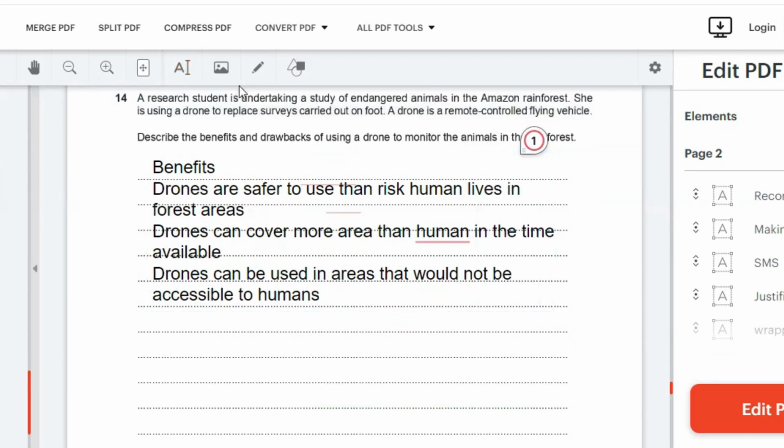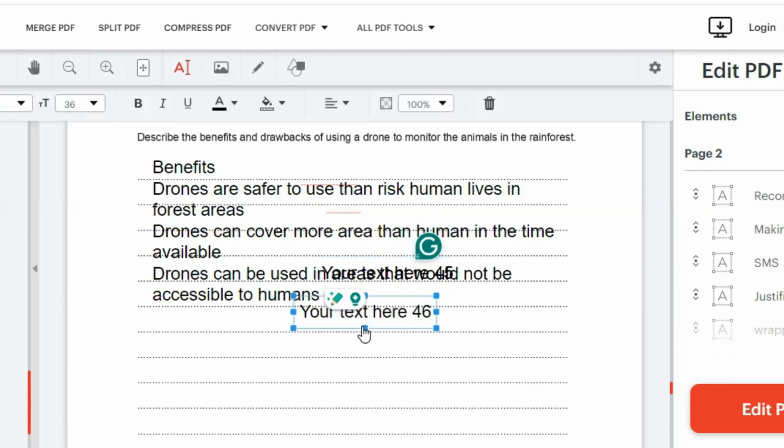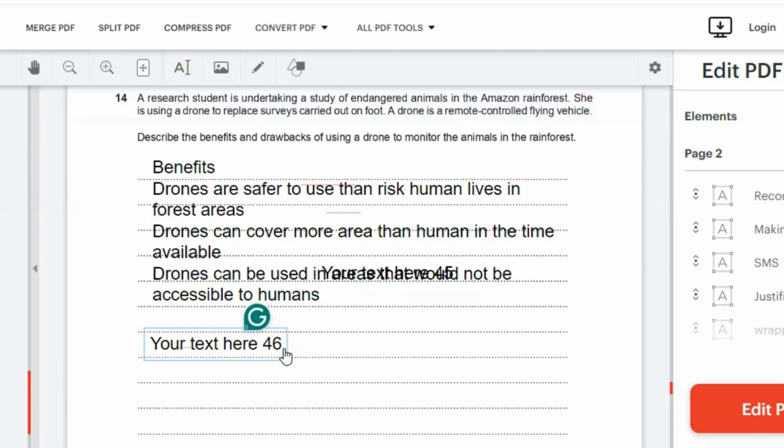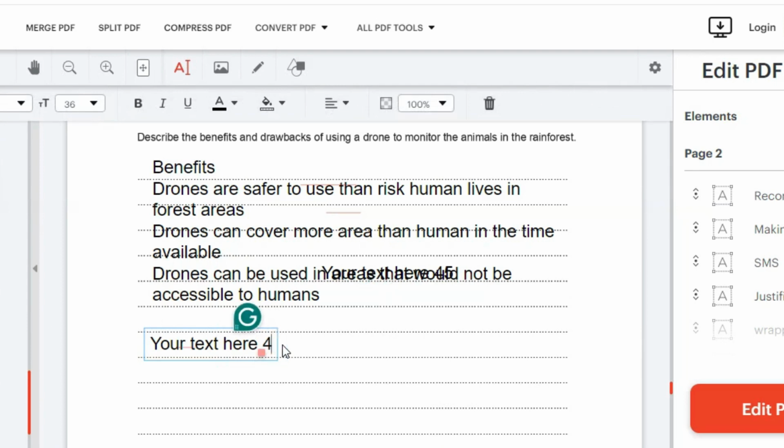All right. So let's go to the drawbacks. Can you tell me one drawback of using a drone over a human being? Yes.